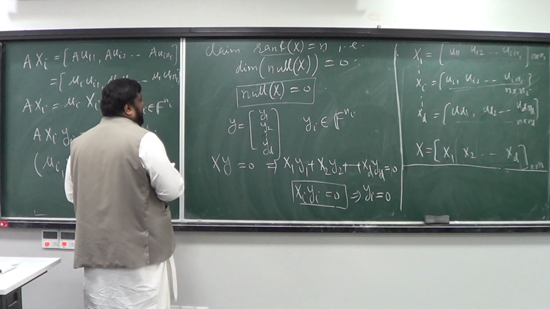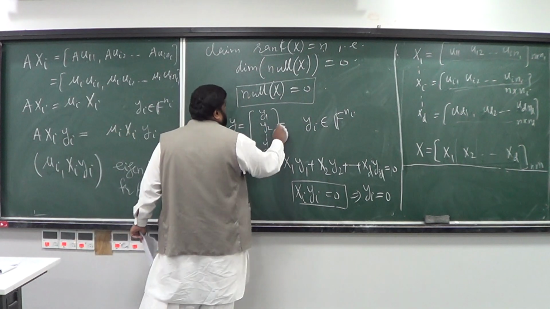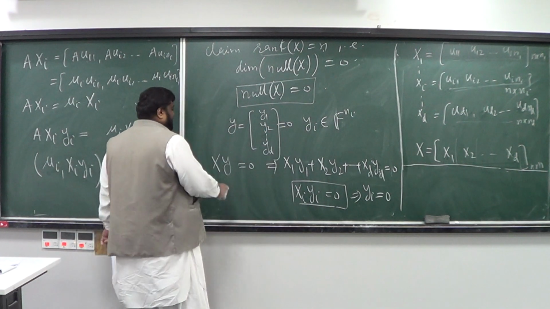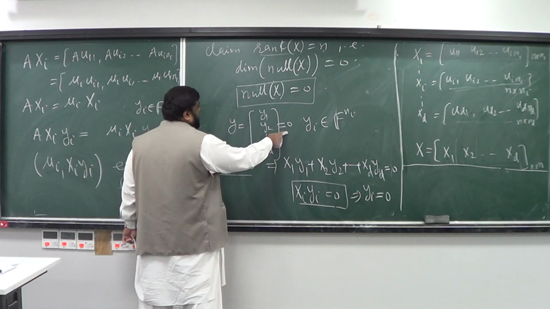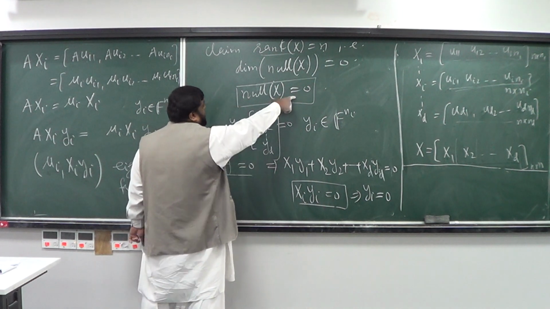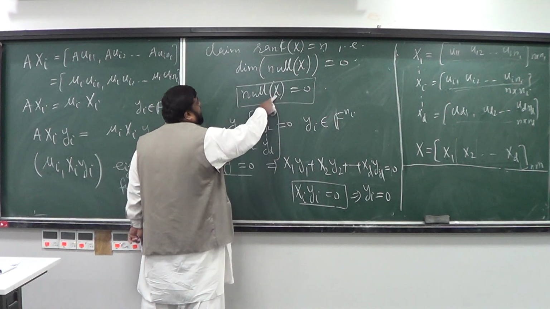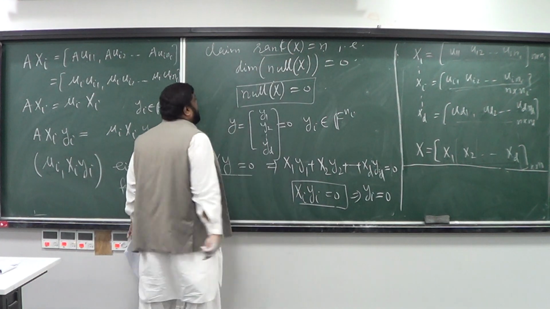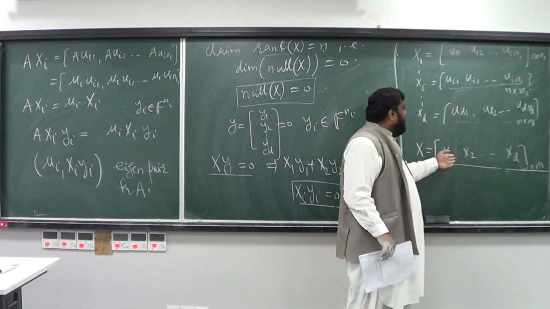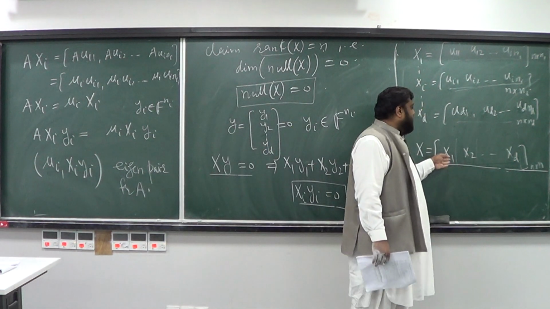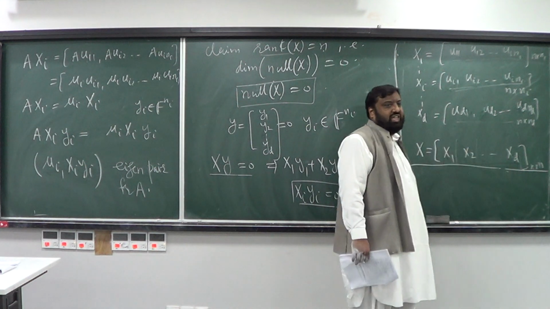And if each one of the yi is 0, this means that y is 0. So we considered y from the null space of x, and it turns out to be 0, so the null space of x is 0. And if the null space of x is 0, the rank of the matrix x is n. And if the rank of the matrix x is n, all the vectors in this matrix are linearly independent.